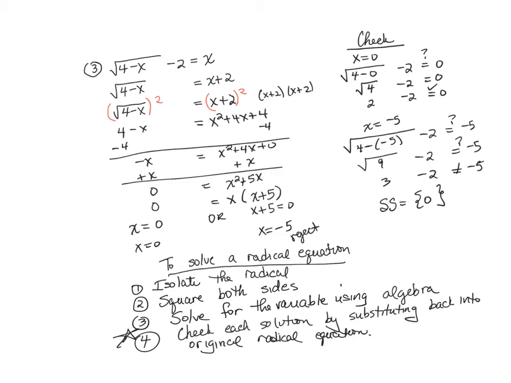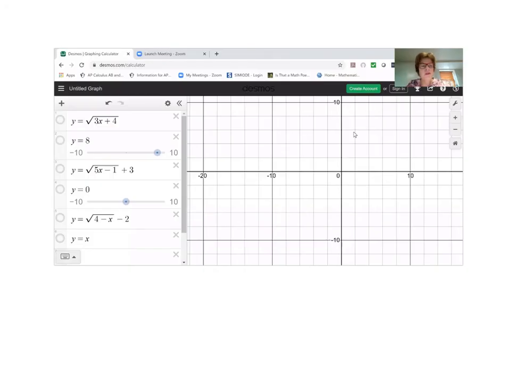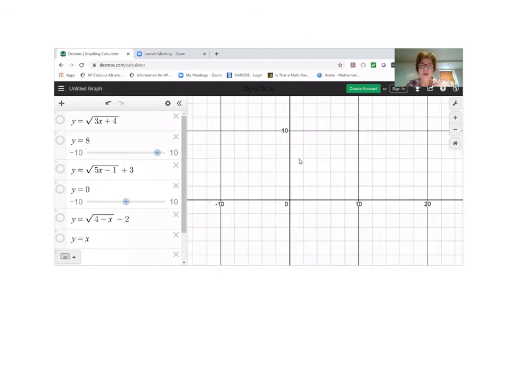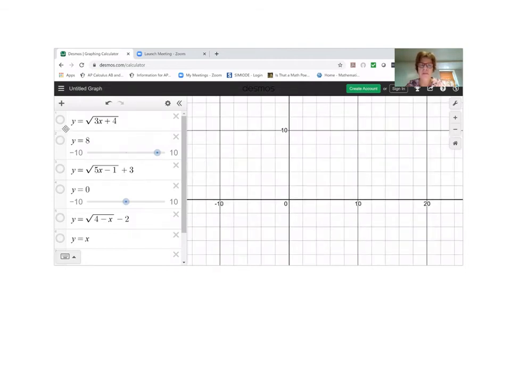What do the graphs say about this? Okay, so let's see what this all means graphically. So going back to the first problem, the square root of 3x plus 4 equals 8, we'll graph y equals the square root of 3x plus 4 and y equals 8.